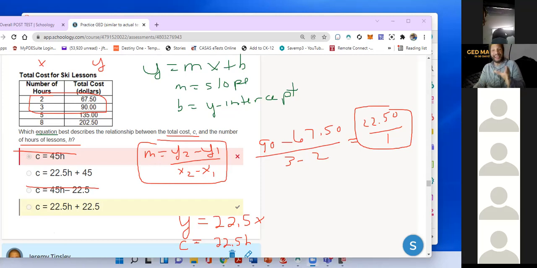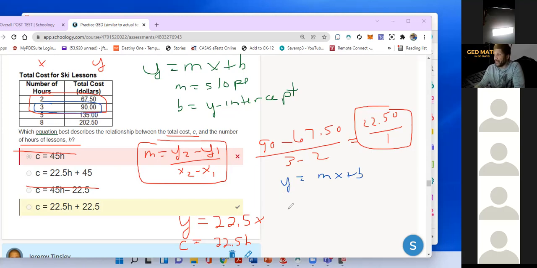Okay, this is a guaranteed problem on your exam. Now, this problem is way more difficult than anything that you're going to see on the GED, but the steps are still the same. Let me show you. Y equals mx plus b. I'm going to take this point here, the 3 and the 90.